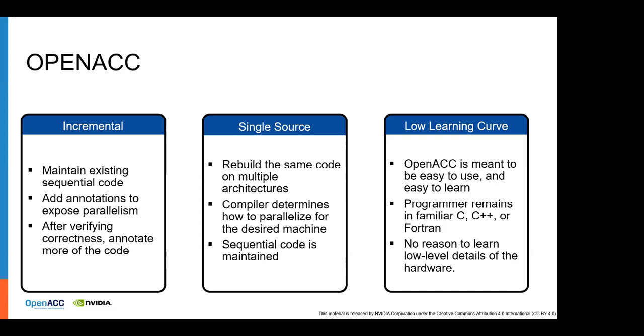There is no reason to learn low-level details of the hardware to start with. After that, if you want to maximize your performance, you will need to think about how the hardware is used by the compiler, and what the various keywords you add to the directives mean, but we will see that in another session.